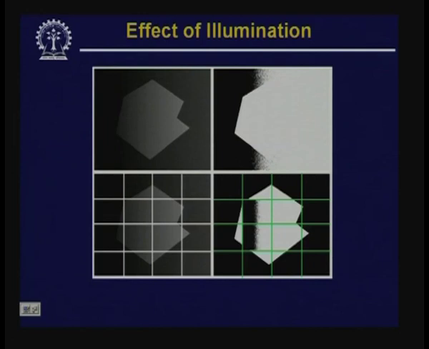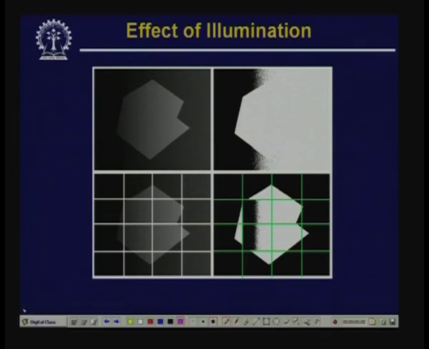As we said, for this kind of images where the illumination is non-uniform, if I apply a single global threshold, then the thresholded output that we are going to get is something like this.